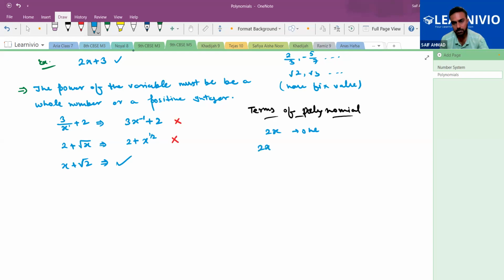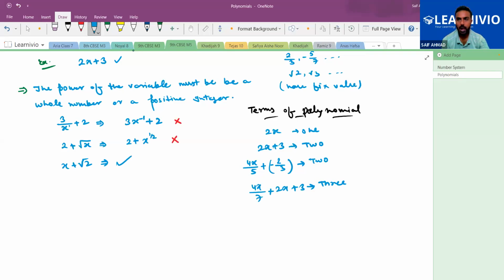If I'm adding 2x plus 3, now the terms become 2. If I'm writing 4x plus 5 minus 2 by 3, these are also 2 terms. If I'm writing 4x upon 7 plus 2x plus 3, now the terms become 3.